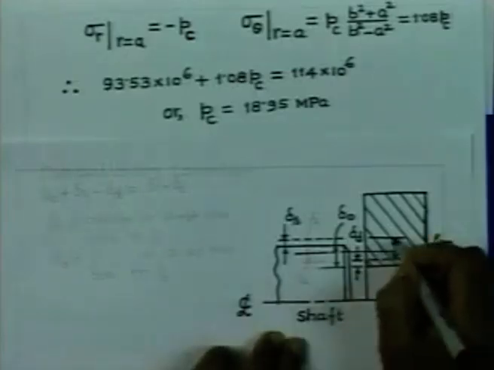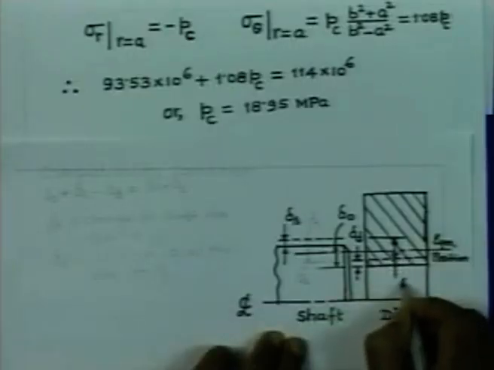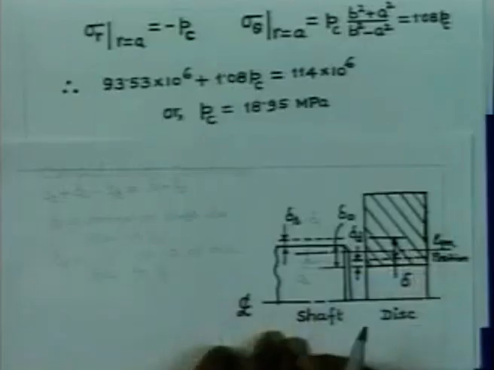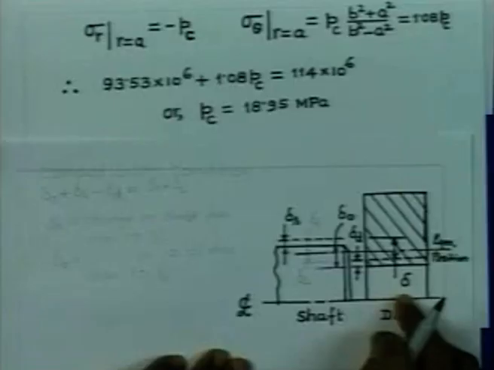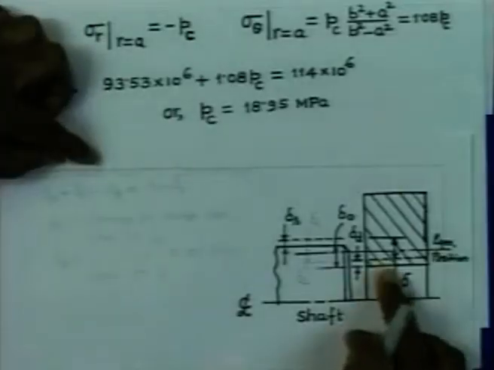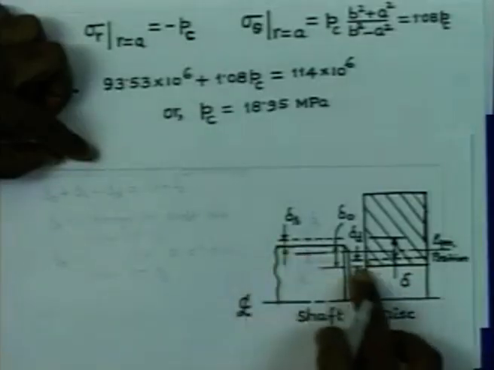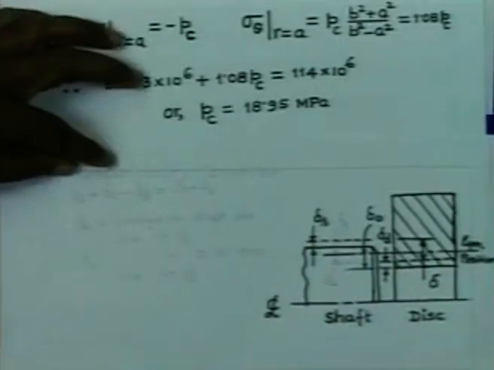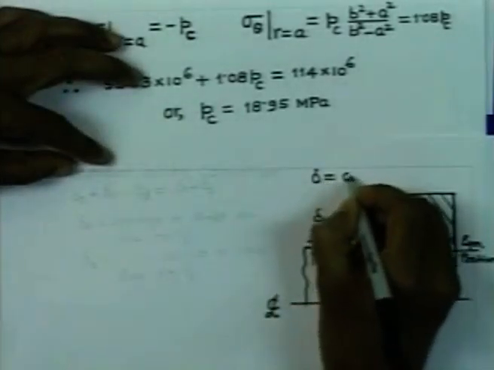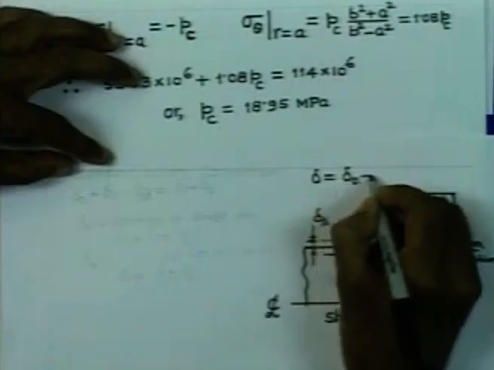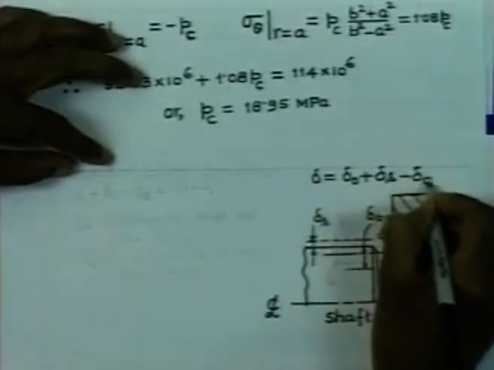So, the interference that we are going to see at the rotational speed is given by this magnitude. We can calculate this, that is nothing but delta 0 plus delta S minus delta D. So, therefore, this delta is nothing but delta 0 plus delta S minus delta D.